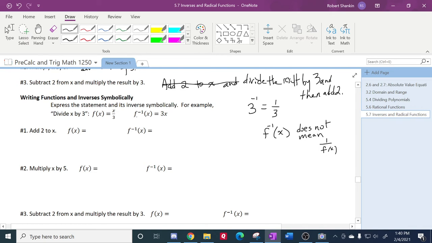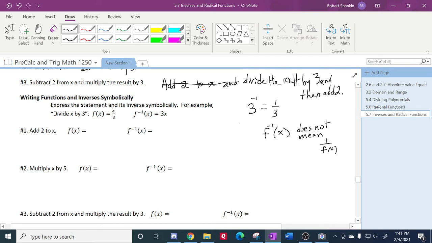Instead it is read f inverse, the inverse function. If you wanted f of x to the -1 power, you would just have to write it like this. You're not allowed to do it like this because everybody will misinterpret it as inverse function.